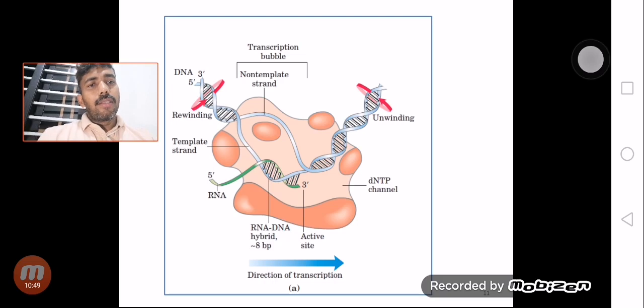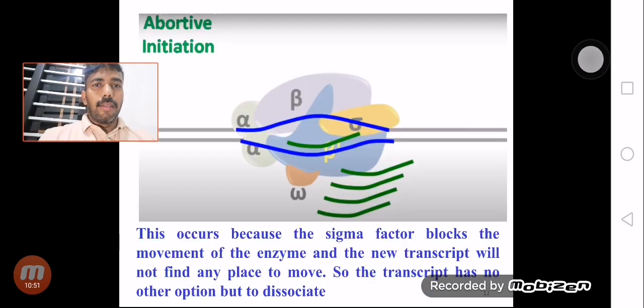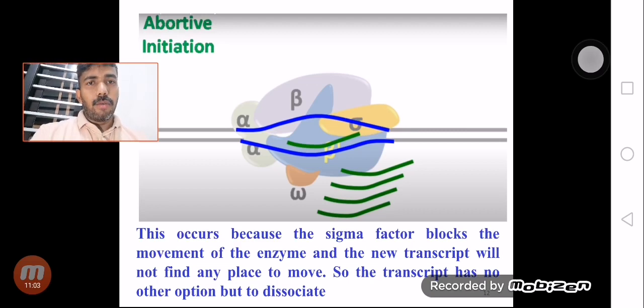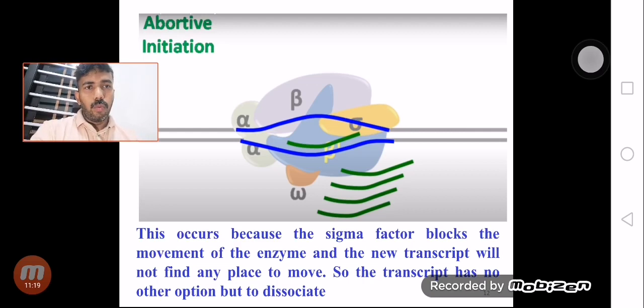But this is not as simple as we think, because for the initiation, suppose after the synthesis of the initial segment of RNA, around 9 to 12 nucleotides added to the template DNA, the polymerase enzyme now has to move further. That means the polymerase has to displace in the direction of synthesis.